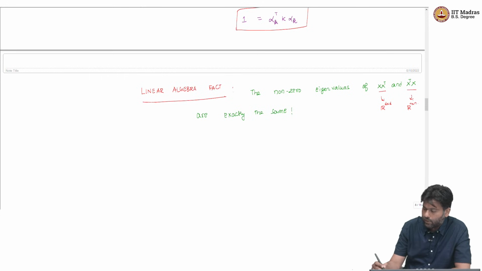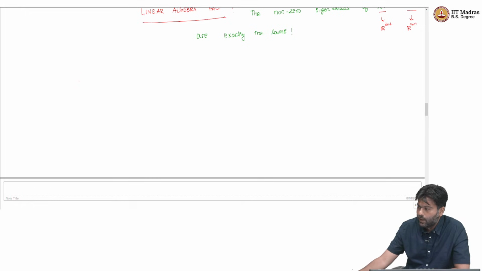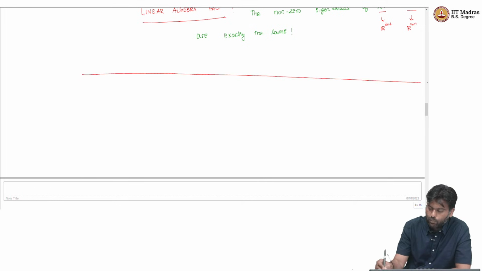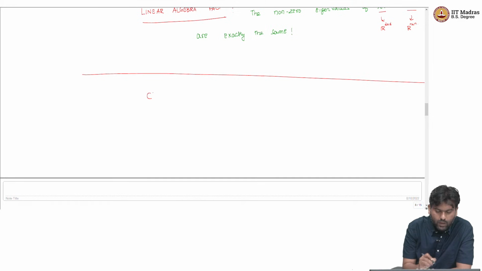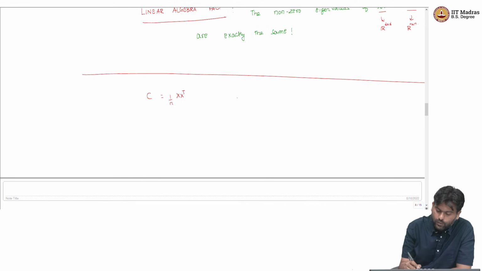It is telling us the following, and this is the most important thing. We will now try to put everything together and see all of these together. So, we initially had C, which was 1 by n X X transpose, whose eigenvectors and eigenvalues we wanted, right. So, let us say the eigenvectors of C were w_1 to w_L, some L which we want, right.